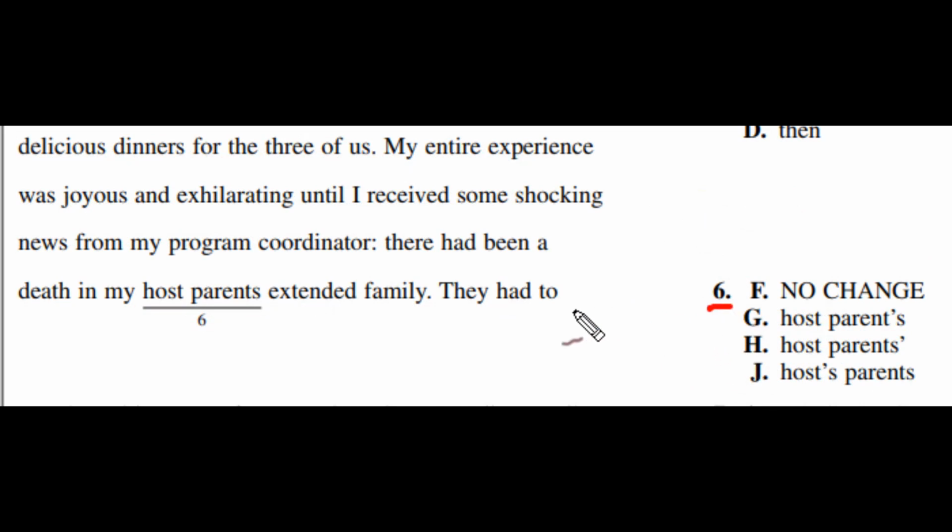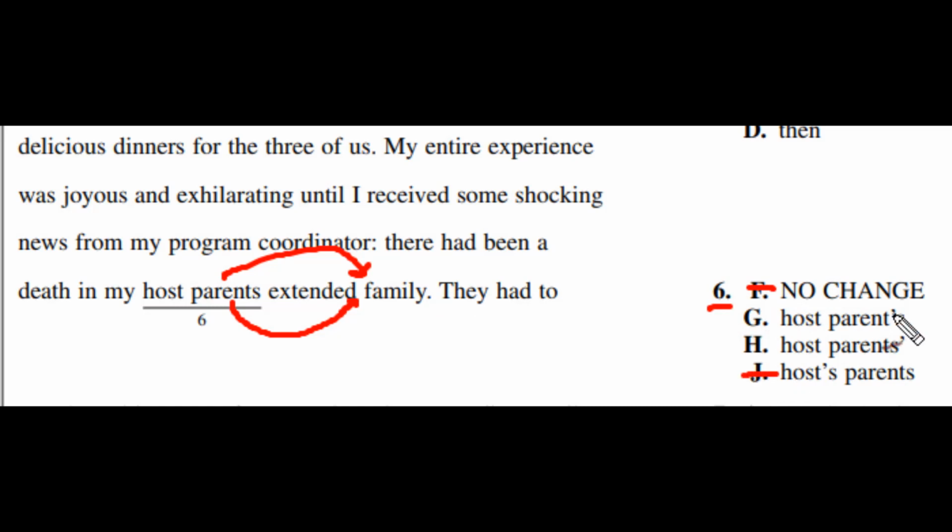Let's take a look at problem number 6. If you look at answer choice F, there is no apostrophe S there. That means no possession. And if we look to the right, we see that it says family. Do parents possess or own their own extended family? Yes, we need possession. F can be crossed out right away. And also J, by the way.